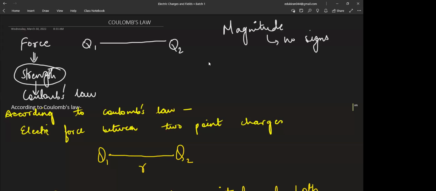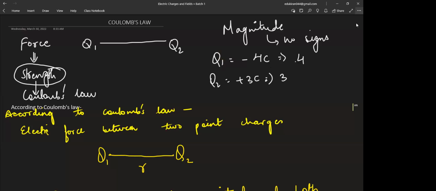Suppose one charge is minus 4 coulomb. When we calculate its magnitude, it will be just 4, no units, no signs. If it is plus 3 coulomb, the magnitude will be just 3.